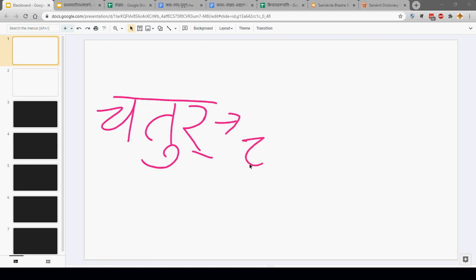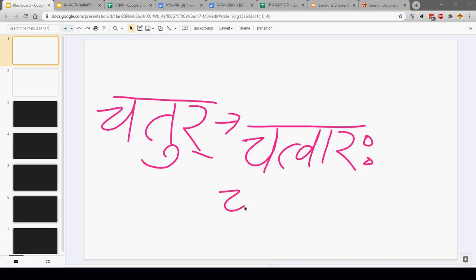So chatvaraha is for the pullingam: chatvaraha balakaha pathanti. Then, like tisraha, we have chatasraha balikaha bhavanti.